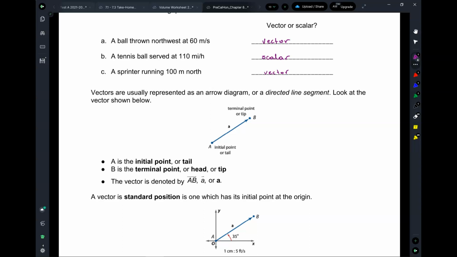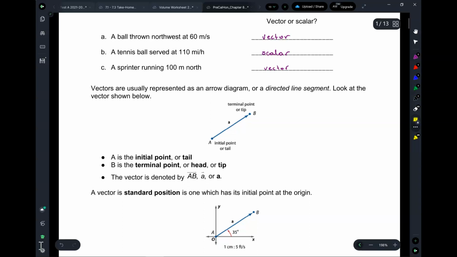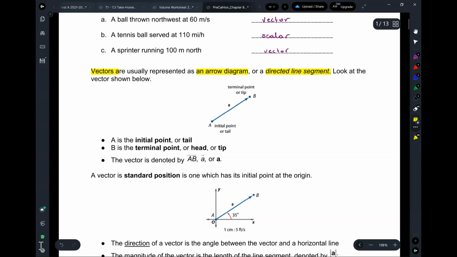All right. Because of this idea of direction, vectors are usually represented as an arrow diagram, or another term for it is a directed line segment. So take a look here. This is the vector. Do you see how it looks like a ray in geometry, where it has an endpoint and it's got an arrow on the other side?